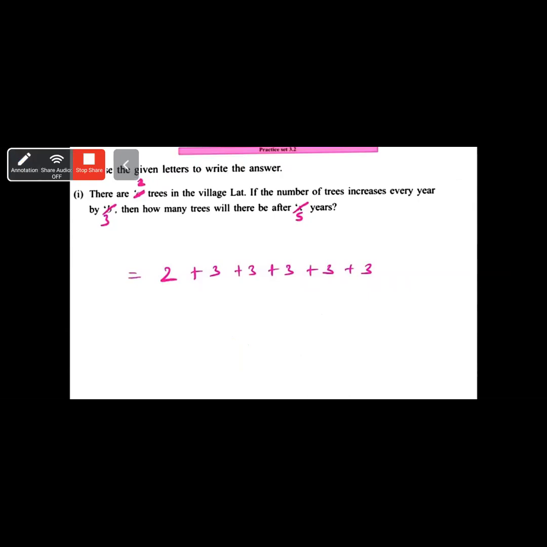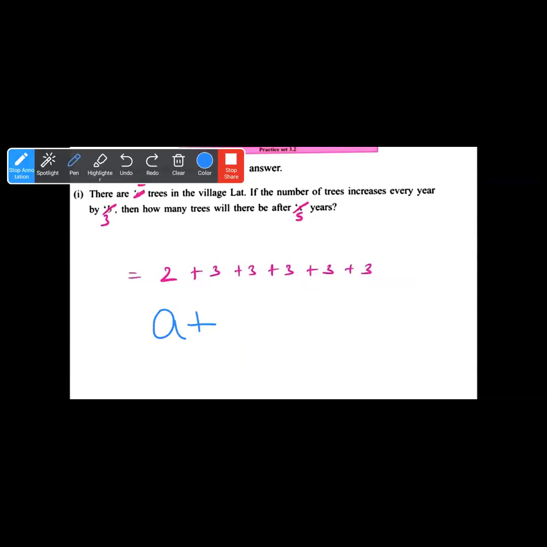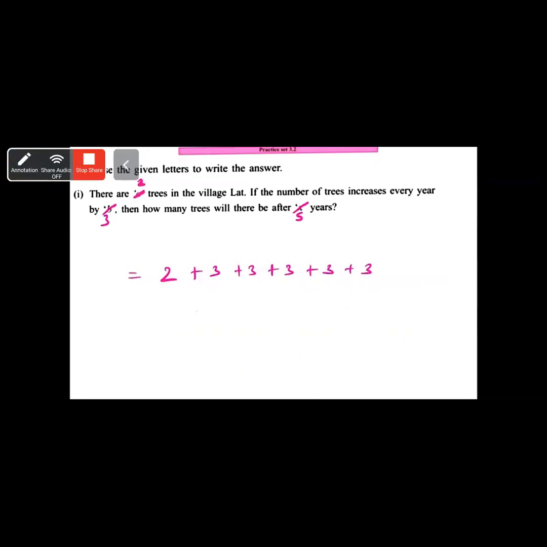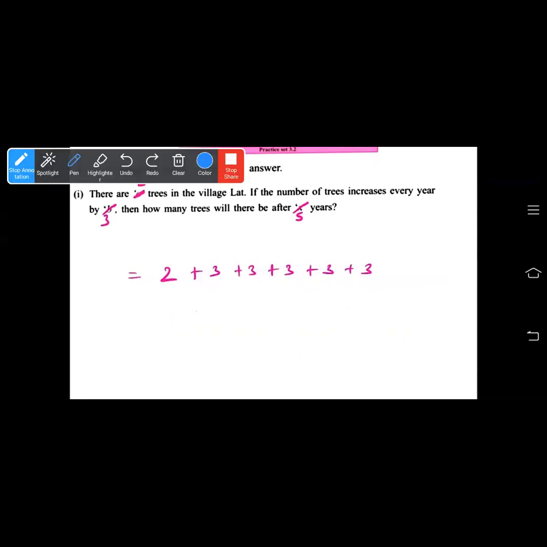There are 8 trees. 8 trees means instead of 2 you have to write A over here. And you are writing, first of all, I have told you 2 plus 3 multiplied by 5. This 5 is what? 5 years are there. And this 3 is what? 3 is every year. Every year by B, this increment is there.